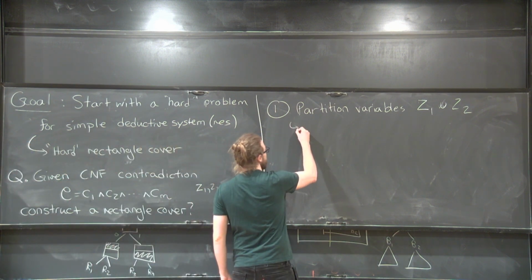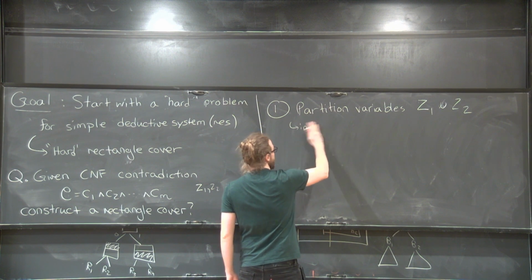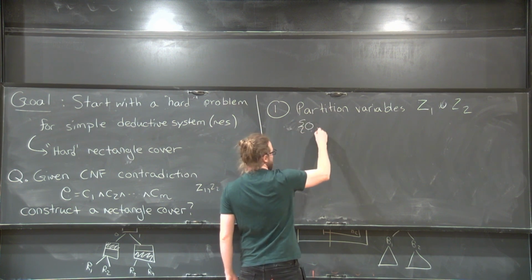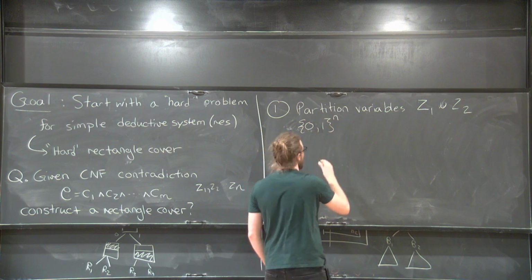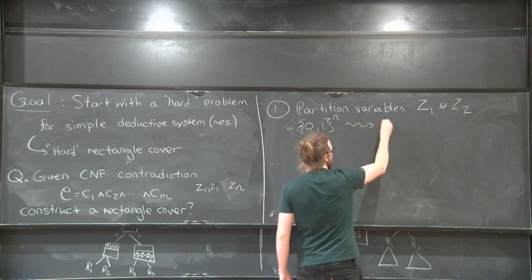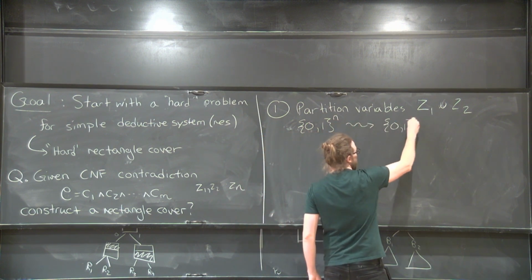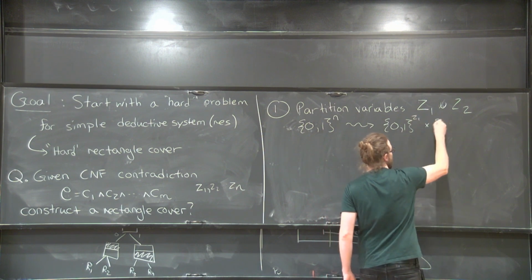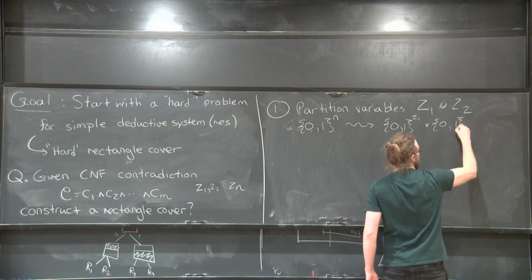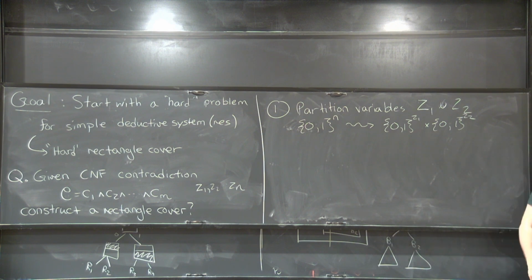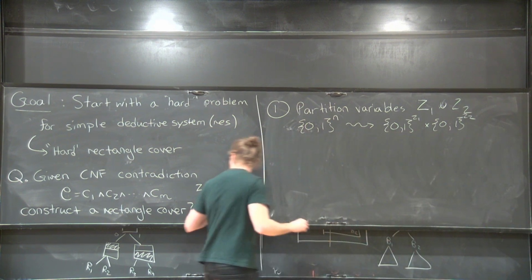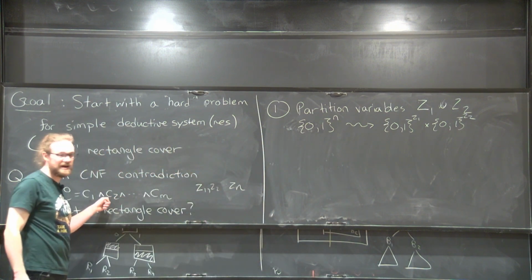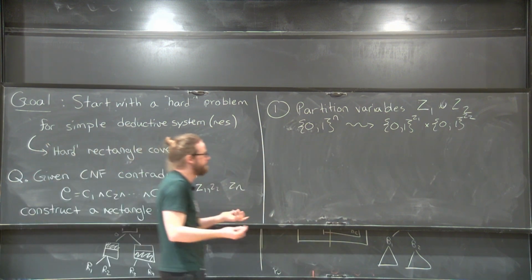So this means basically what we're doing is we're taking {0,1}^n, which is our old universe, and we're turning it into {0,1}^Z1 cross {0,1}^Z2. So that would be the lifted case. And now each clause will turn into a combinatorial rectangle.